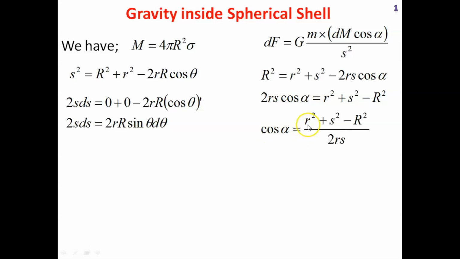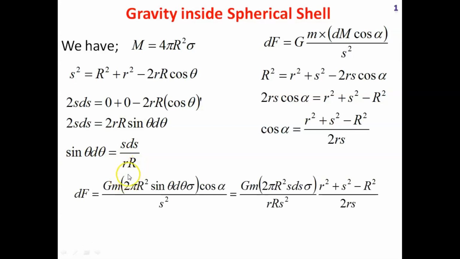So cos alpha is equal to r square plus s square minus capital R square upon 2rs, and here the derivative of cos theta is sin theta d theta with a minus sign, that will cancel this negative sign, and we can write sin theta d theta equal to s ds upon rR, and we can substitute sin theta d theta in the previous equation and cos alpha also. By substitution we get this equation.